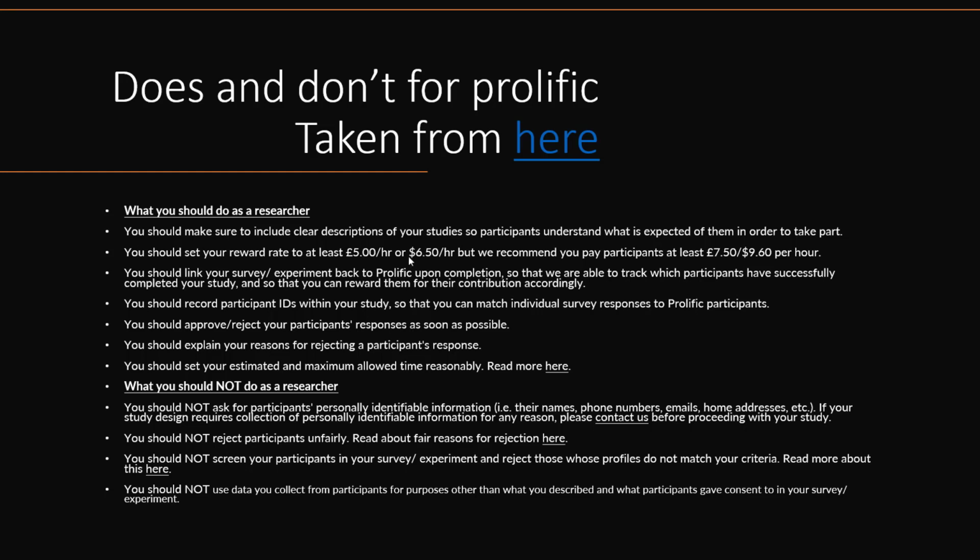They insist that you set a reward rate of at least £5 an hour or $6.50 an hour in order to ensure that you're paying your participants fairly, and they recommend at least £7.50 an hour. So you're getting towards the living wage there, I believe, or you're certainly above the minimum wage.